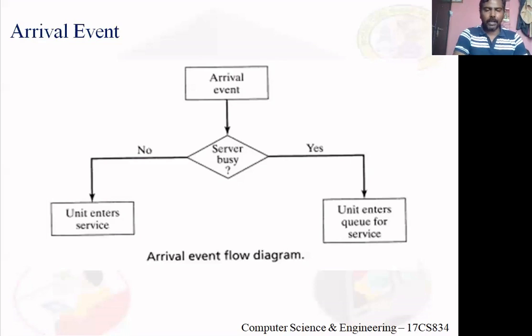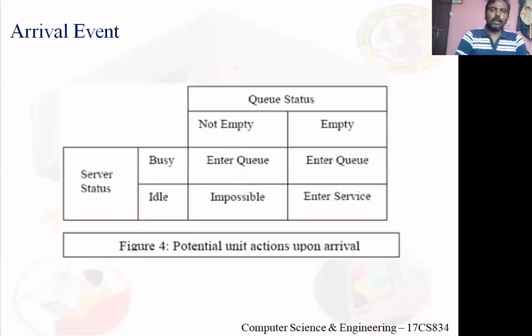So in the arrival event, what may be the queue conditions? Let me tell you. Let me assume there are two possibilities: the server may be busy or idle, and the queue may be empty or not empty.